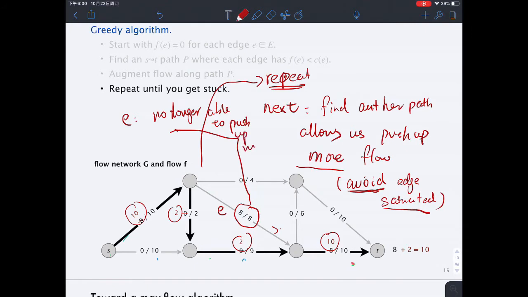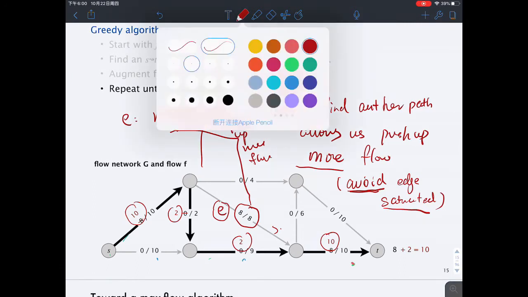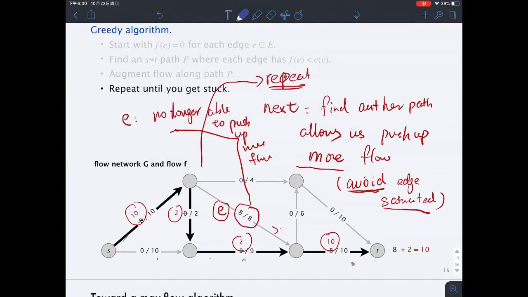So for the edge E, we are no longer able to push more flow. That's the reason we need to avoid this kind of edge. Let's look at how many edges are already saturated. The first edge, the bolded one, E1, is saturated.